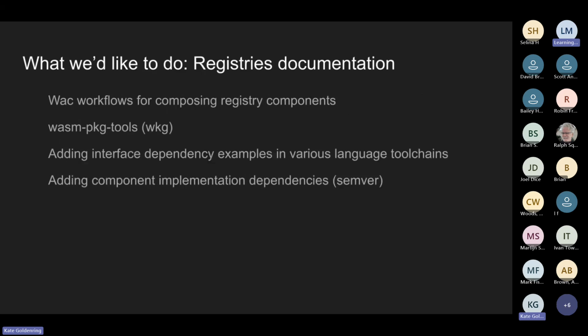And then registries. I don't know who online was there earlier, but we already had a bit of a conversation about some of the updates that have been going on in the packaging SIG. WAC currently does not yet use WASI package tools, which Taylor showed off quite a bit earlier today. So as WAC uses WASI package tools, as well as hopefully a variety of guest language toolchains, this is definitely something that we think should be documented in the component book.